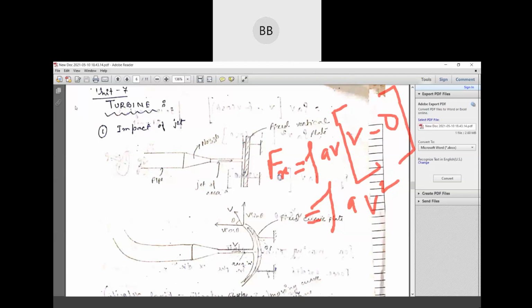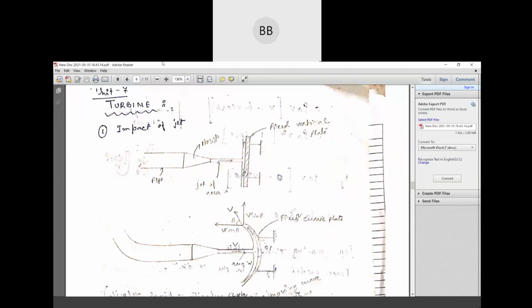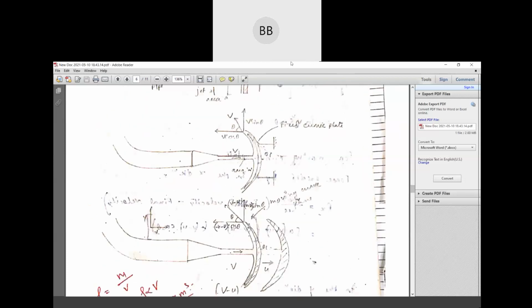So if you apply that F_x for the second condition, it will be your F_x = ρaV. Then we have the initial velocity.